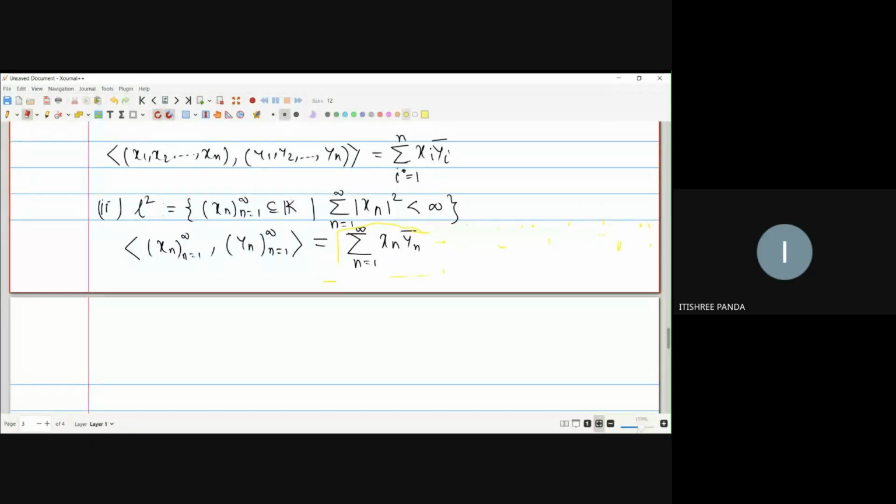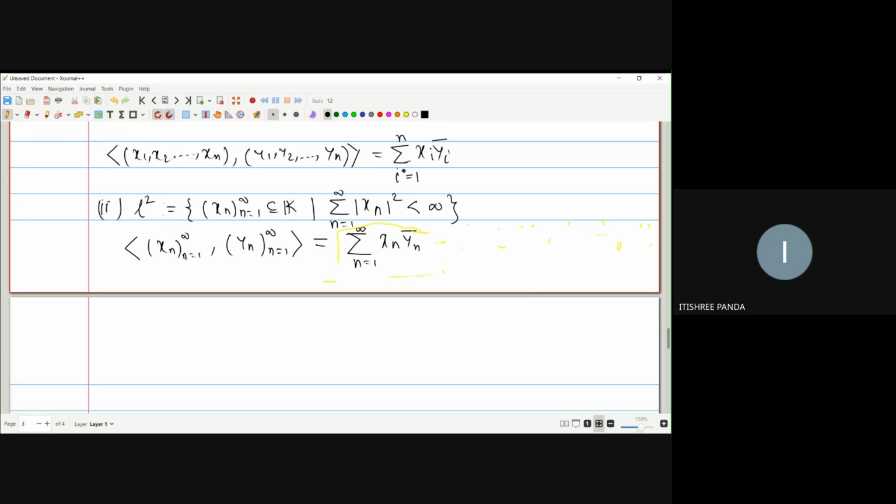We can use a test of series convergence from real analysis. Which test? Ratio test will be good. Okay, ratio test. How will you do the ratio test? Please tell me.